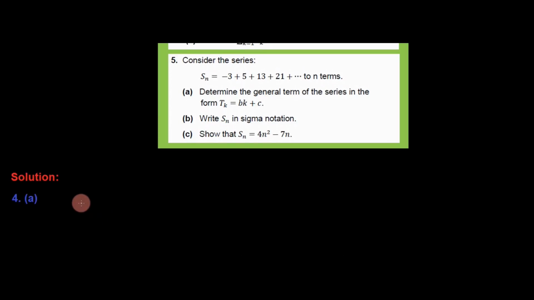So our sequence is negative 1, 2, and 5. And from this we can see that A, the first term, is negative 1. And the common difference D we can get by taking term 2 less term 1. And we can see that it's equal to 3.